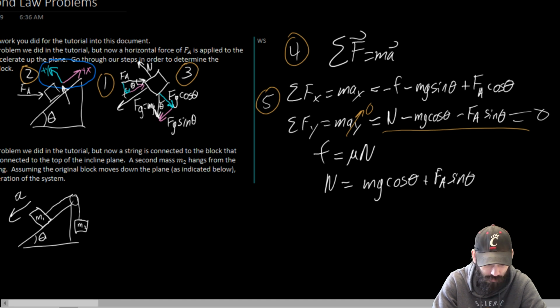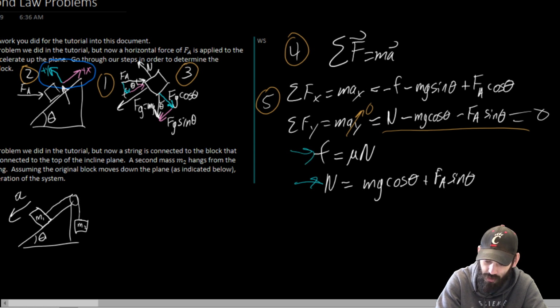Okay, so now we have this equation, this equation, and this equation. And ultimately what we're trying to do here is determine what a sub x is going to be.